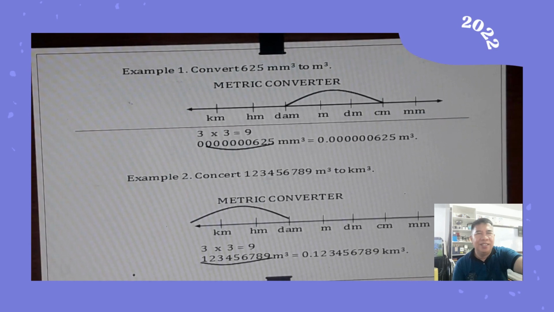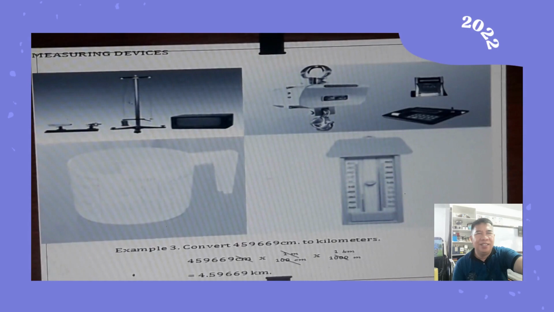To continue, again we have the metric devices here provided. You can search this. I think the first one is all about a beam balance. The second picture is all about a container, considering the capacity of a container to contain, of course, a liquid object, like for example water.